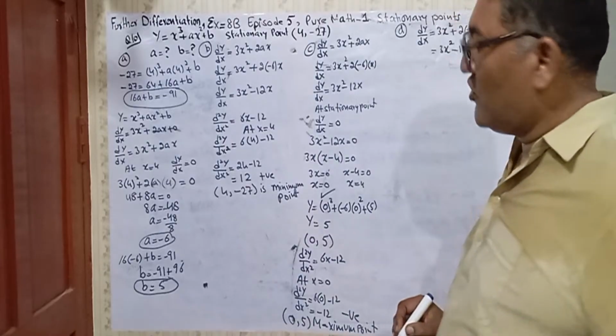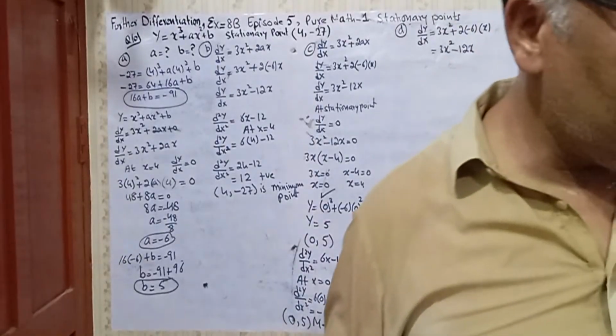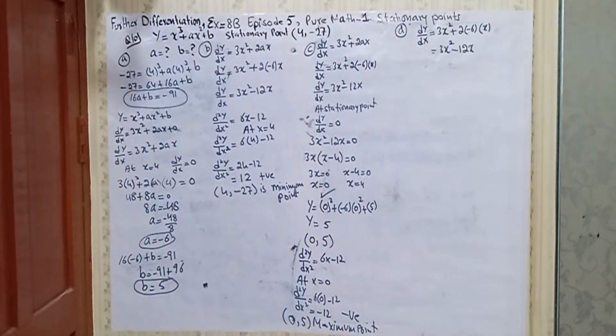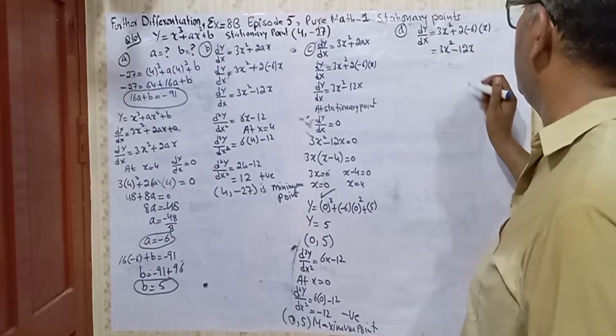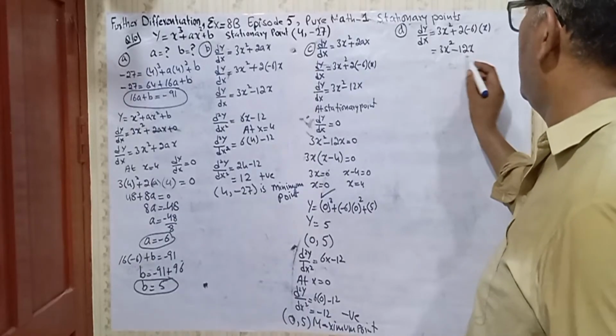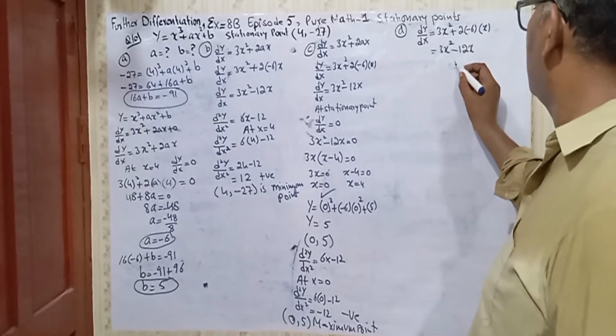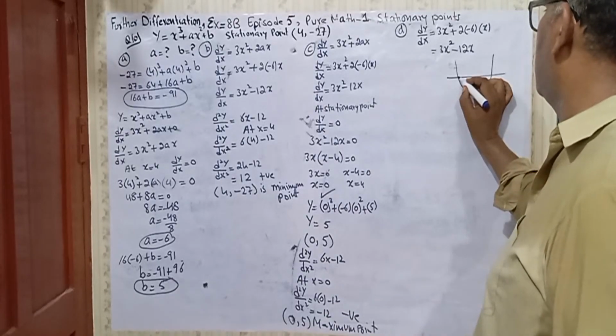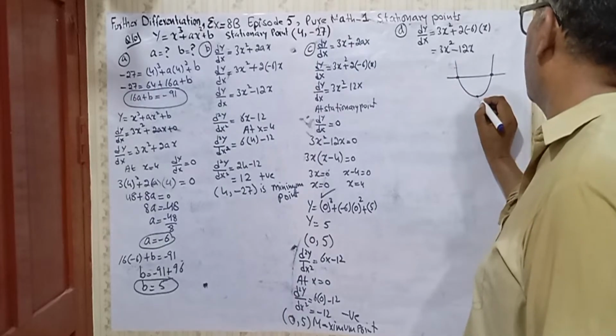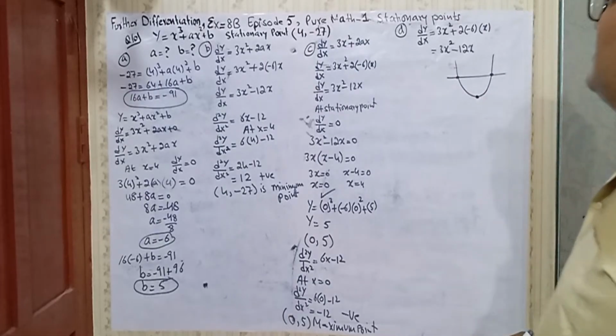Find the coordinates of the point on the curve where the gradient is minimum. This represents the gradient of the curve. It's a happy face, a U-shaped curve, and I can find out that here the gradient will be the minimum.